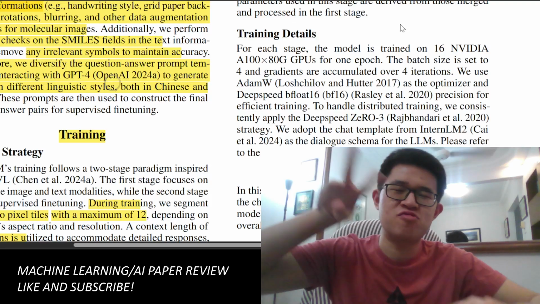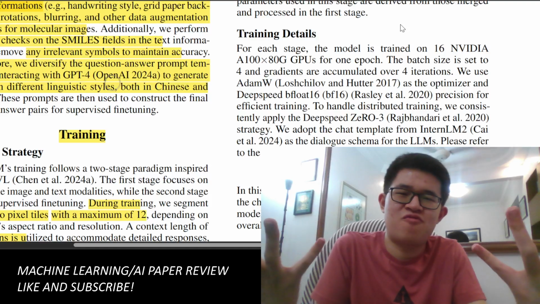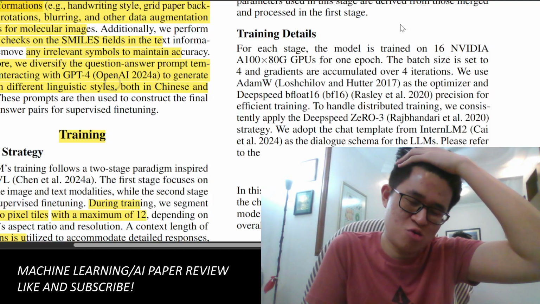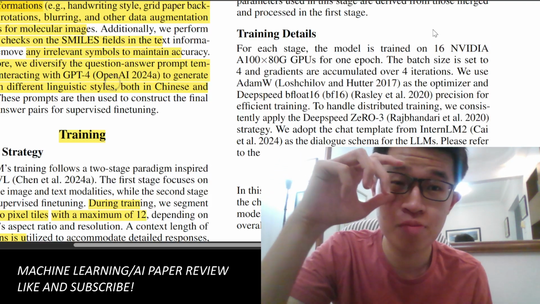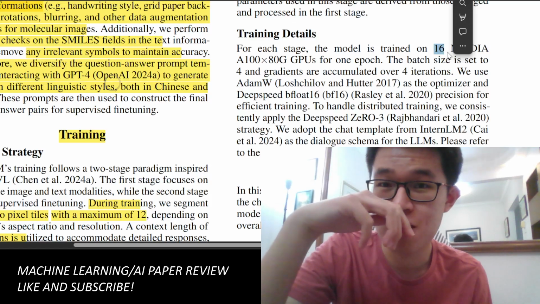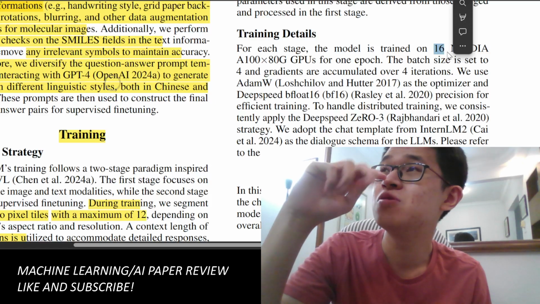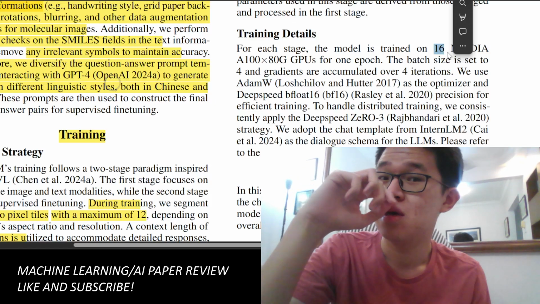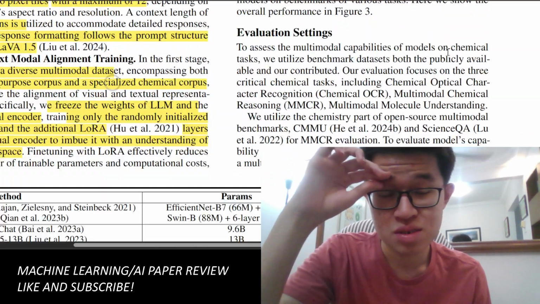So essentially for two stages, they only need to fine tune for an effective total of two epochs, which is doable, especially with 16 A100s. That's like using two DGX pods, essentially. So that's really cool.